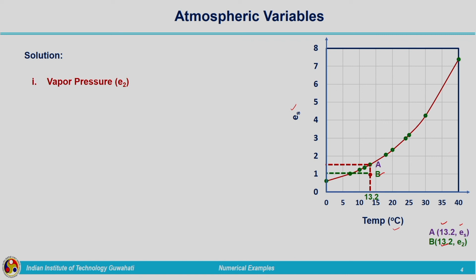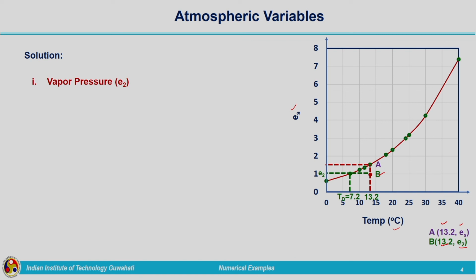So, the pressure we are representing by E2. But this E2 is a saturation vapor pressure corresponding to another temperature, that is our dew point temperature. Dew point temperature is given to us. So, this is E2, and this is a saturation vapor pressure corresponding to the dew point temperature.